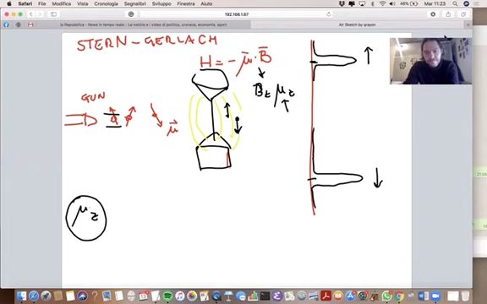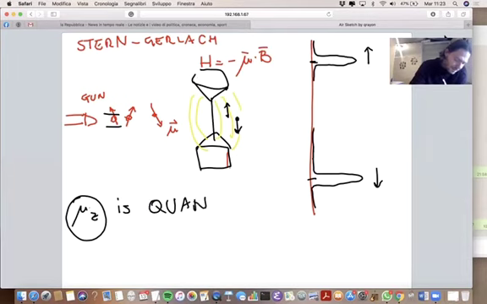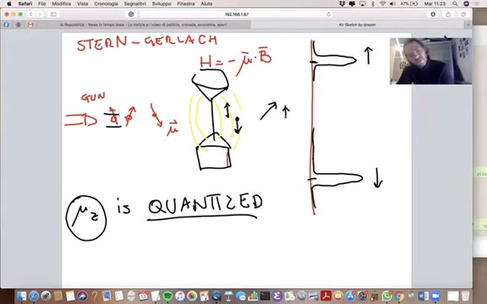Now, what this experiment is telling us is that mu z is actually quantized. And by quantized, we mean that it cannot take arbitrary components, as in this particular configuration here, which would correspond to a smaller z component. It can only take the maximum or negative maximum value.